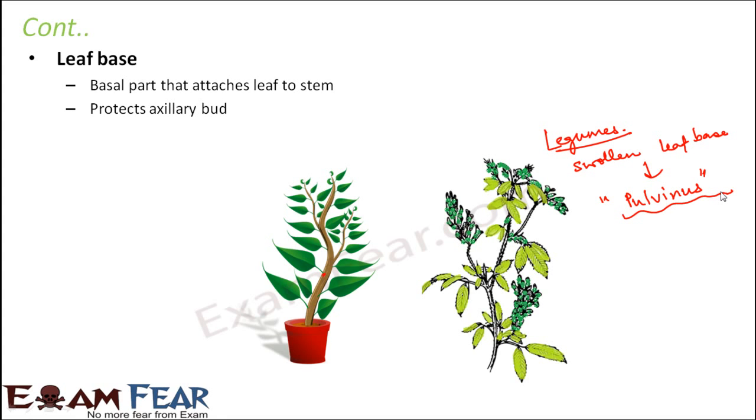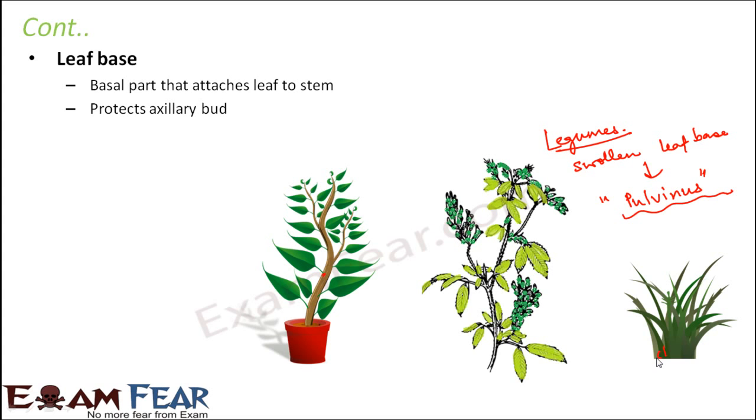Again, in some other type of plant, for example, if you take the example of grass, what happens in grass? In grass we see the leaves. We do not see the leaf stalk or the petiole. So where is the leaf base? In grass, if you closely look at the grass, the base of the leaf forms a sheath-like structure. Like you will see that this base actually forms a folded kind of a structure from where it arises.